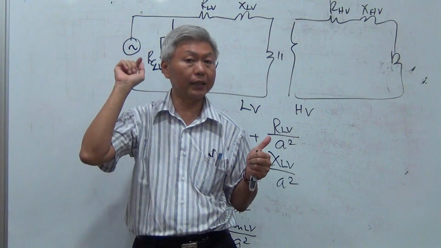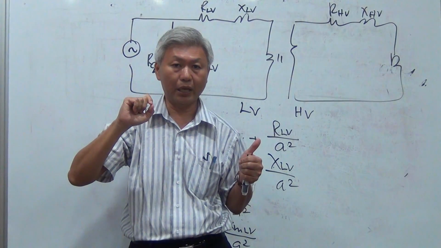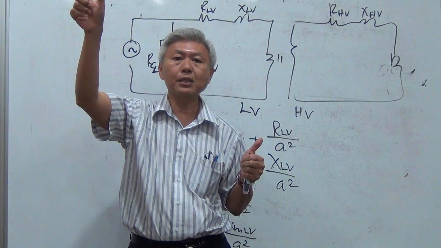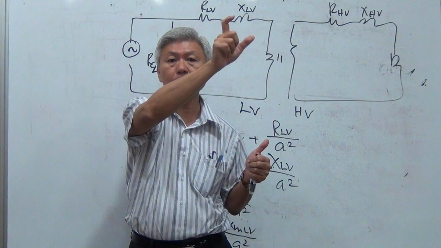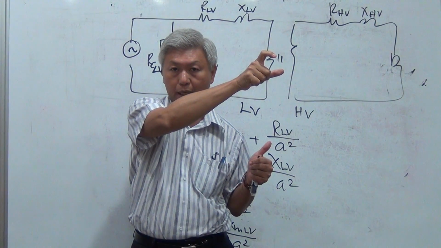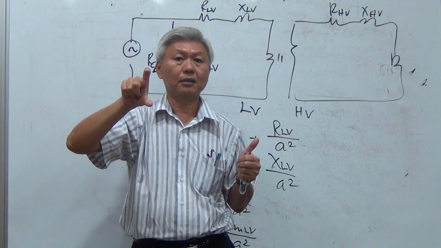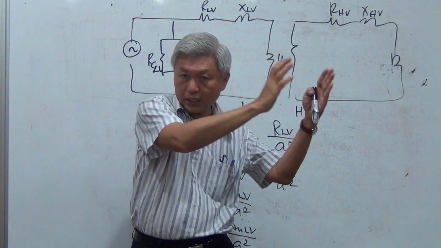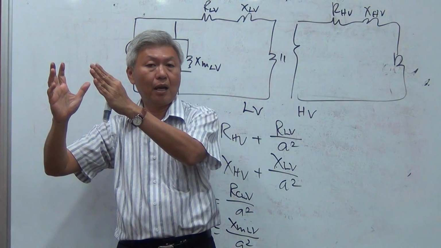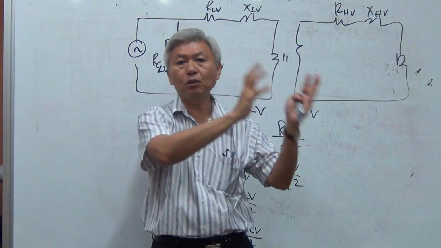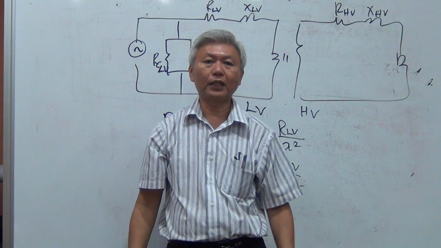It is not good enough to just call them 1 and 2, but you must also be able to spell them out in English words: primary winding resistance, primary leakage reactance, secondary winding resistance, secondary leakage reactance, core loss resistance, magnetizing reactance. When you refer things to the primary, you multiply by A squared. When you refer things to the secondary, you divide by A squared. Right? And that is all for the second part.